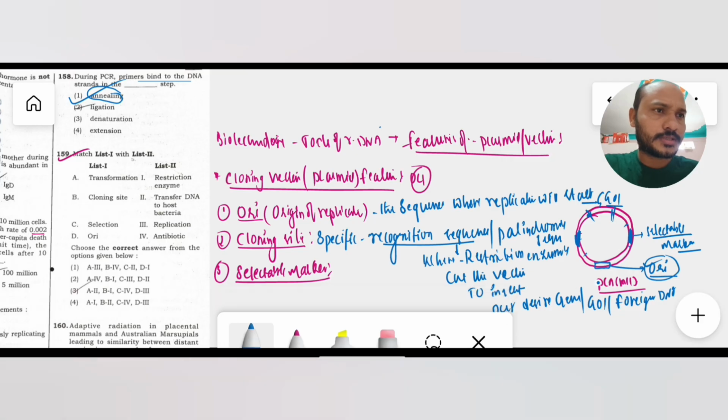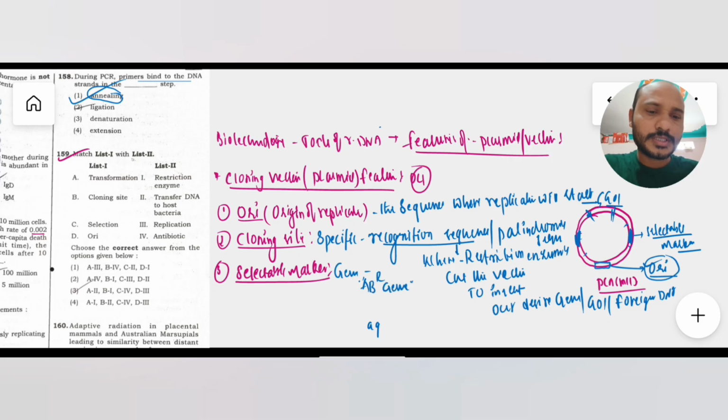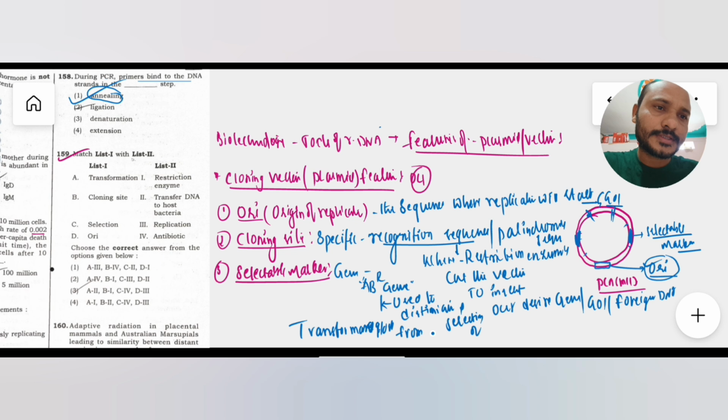Selectable markers are made up of genes, such as antibiotic resistance genes. Why do we add antibiotic resistance genes in this plasmid? They are used to distinguish and select transformant hosts from non-transformant hosts.